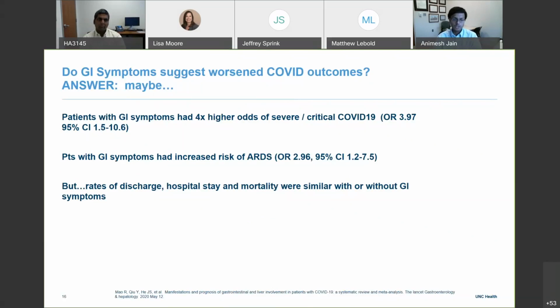So it looks like patients who have GI symptoms with their COVID have a higher rate of severe or critical COVID-19 with an odds ratio of close to 4. And patients with GI symptoms appear to have a higher rate of ARDS with an odds ratio of almost 3. Interestingly, in that same review, there was not an increased rate of hospital stay or mortality in patients with GI symptoms. So a little bit of a mixed signal, but there does seem to be a trend that perhaps patients with GI symptoms do worse with their COVID-19. Next slide.